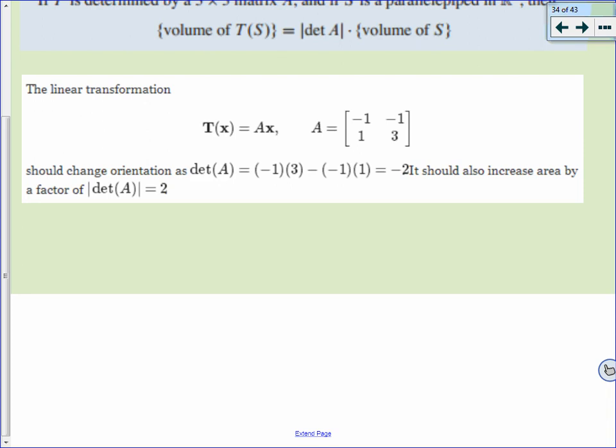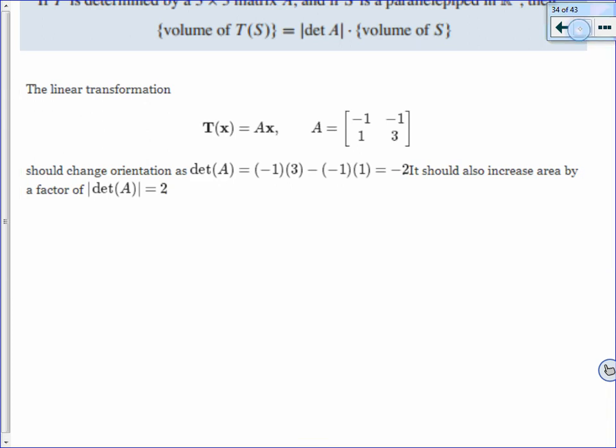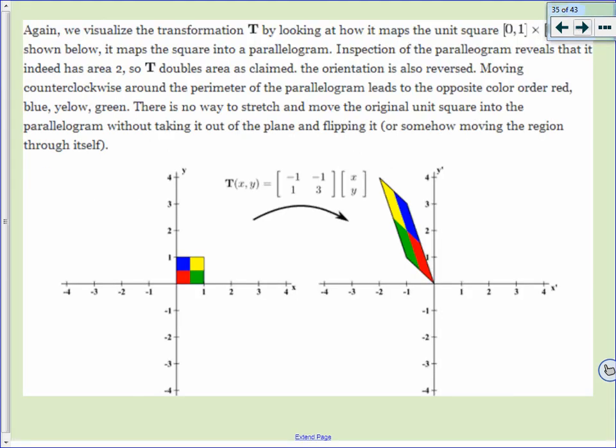And so an example of this, I like using color to show that, because if you just show a parallelogram and then you show it again, you can't tell orientation. But if you use color here, it becomes really useful. So if we take a look at this 1 by 1 square, and we multiply it by this transformation matrix, this is what happens to it.